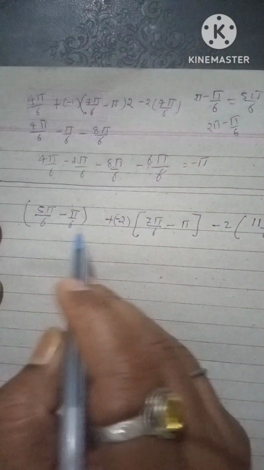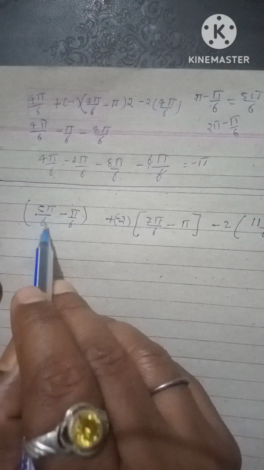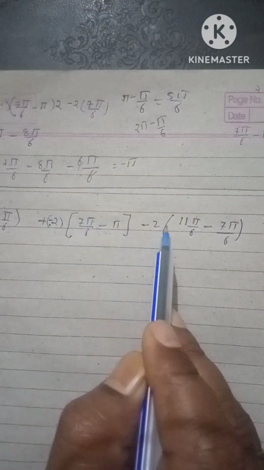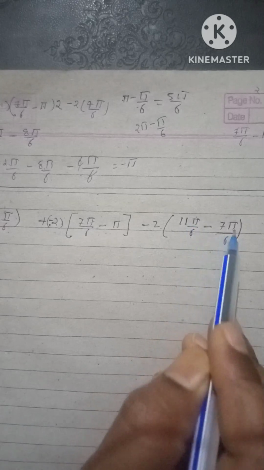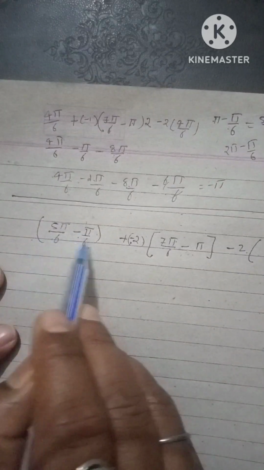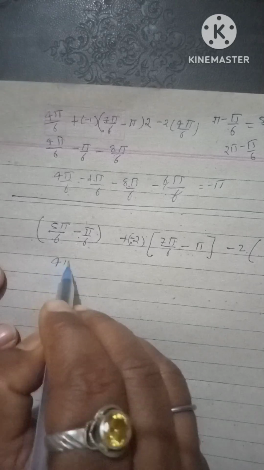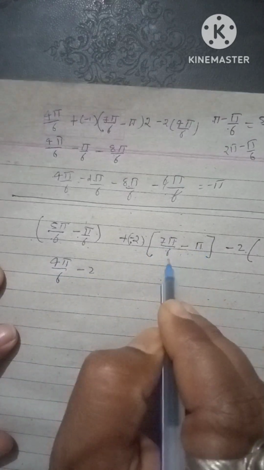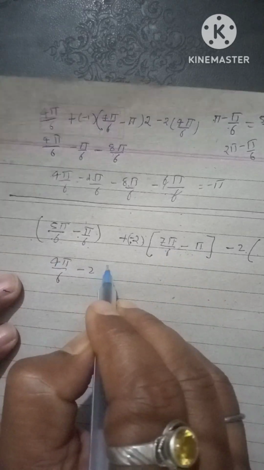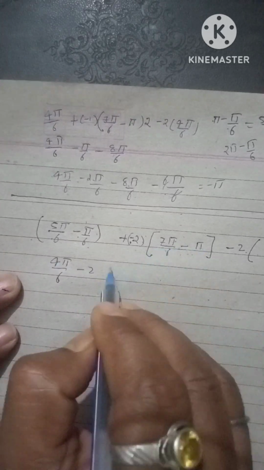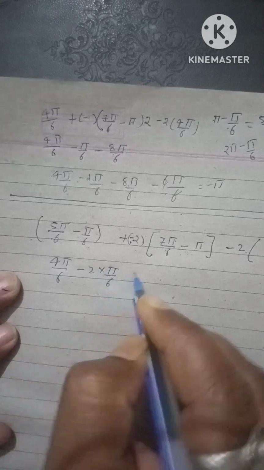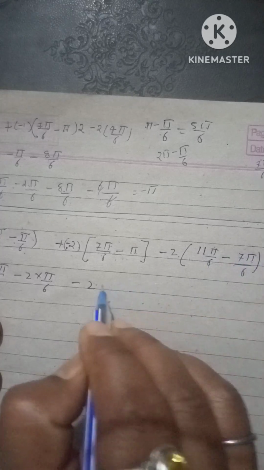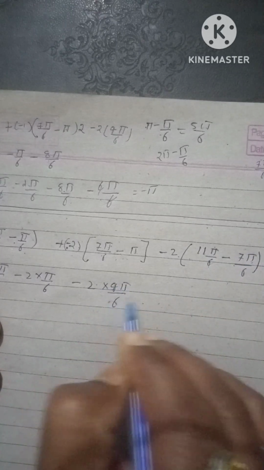We calculate that the first integration is 5 pi by 6 minus pi by 6, and the second is minus 2 times 7 pi by 6 minus pi, minus 2 times 11 pi by 6 minus 7 pi by 6. So calculating that, we get 4 pi by 6 minus 2 times 7 pi minus 6 pi, which is pi by 6, and minus 2 times 11 pi minus 7 pi, which is 4 pi by 6.